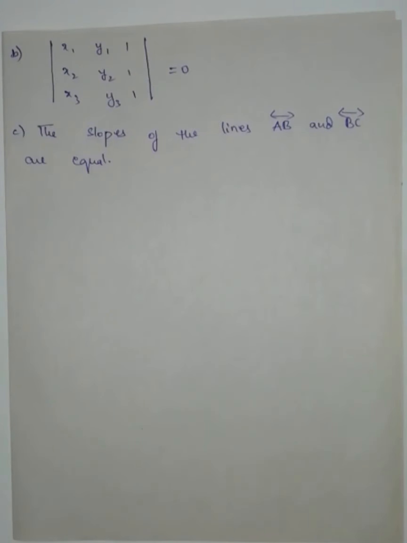We can use the slopes also. There are 3 points. Using the first 2 points I am finding the slope, and using the second 2 points I am finding the other slope. If both the slopes are equal, then also I can say that the 3 points are collinear.